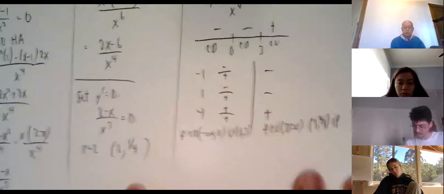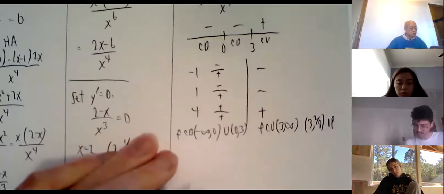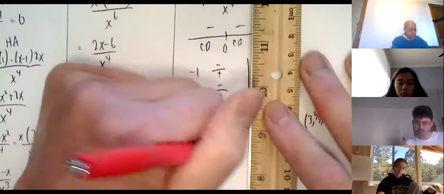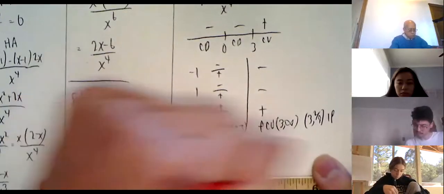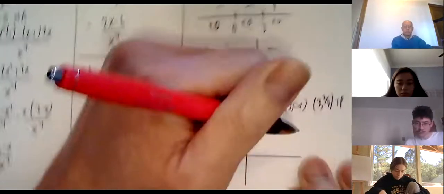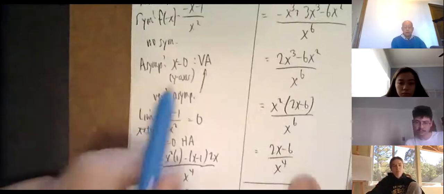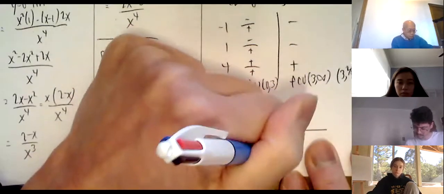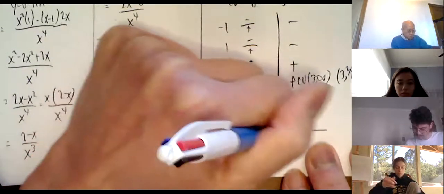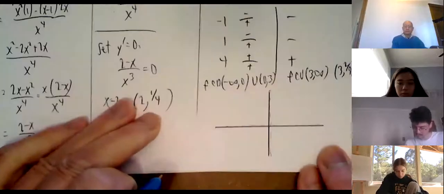Okay, so how do I graph this crazy thing? Vertical asymptote, y-axis. Horizontal asymptote, y equals 0, or x-axis. So my asymptotes are here and here, we already know that.